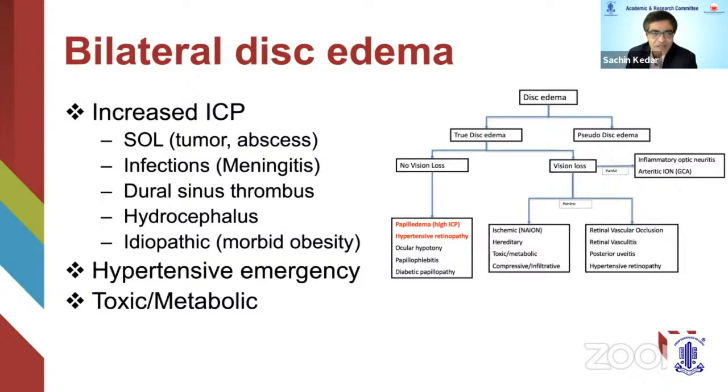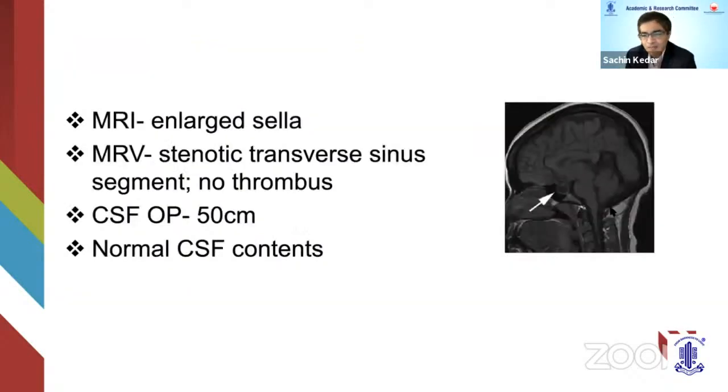The next step in our evaluation is going to be neuroimaging. Here is a mid-sagittal MRI section, and you can see the sella turcica is enlarged. The optic nerves are also patulous. The MRV showed stenotic transverse sinus, all suggestive features of elevated intracranial pressure. More importantly, there was no tumor or space-occupying lesion.